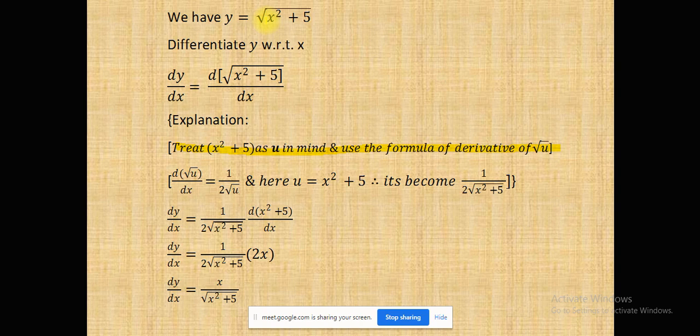The derivative of square root is 1 upon 2 root of the same term, and then multiply this term with the derivative of the inner function, d by dx of x square plus 5, so it is 2x. I know this method is widely used and it is alright to use it as well. In exam, simply don't write what is the inner function and what is the outer function. This is only for our understanding.